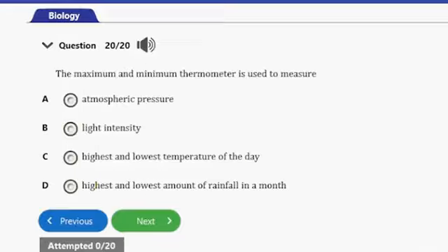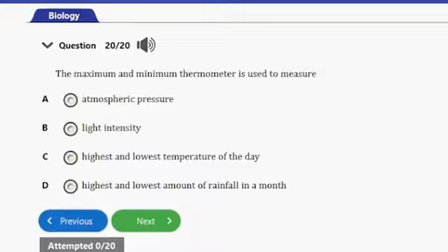So guys, the next and the last question, question number 20 here, says the maximum and minimum thermometer is used to measure A, atmospheric pressure, B, light intensity, C, highest and lowest temperature of the day, and D, highest and lowest amount of rainfall in a month.